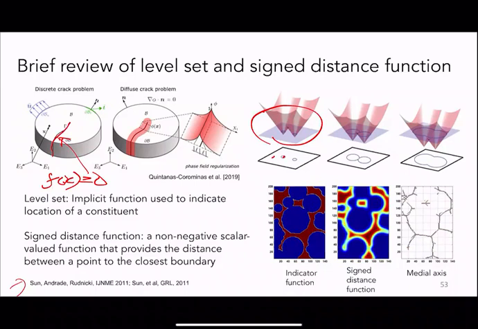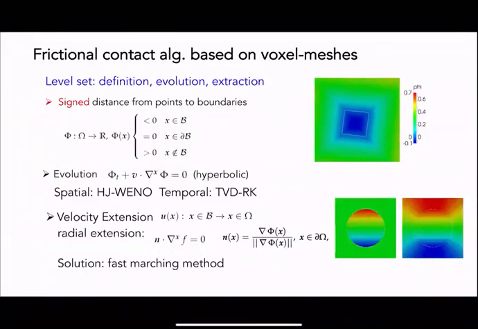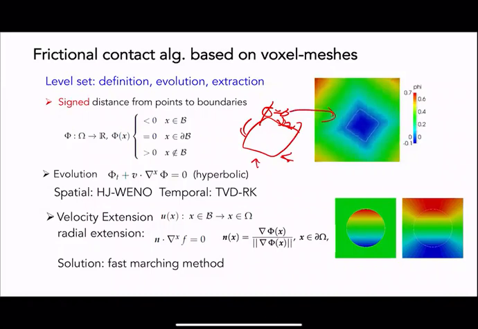So shown here is another application which we will also talk a little bit about for recovering the medial axis for the void space. So here the level set is used to evolve the boundary. So we solve the level set problem by imposing the boundary values of the phase equal to 0 to move, and that would be equivalent to imposing a displacement. This is one example of a rigid body motion.